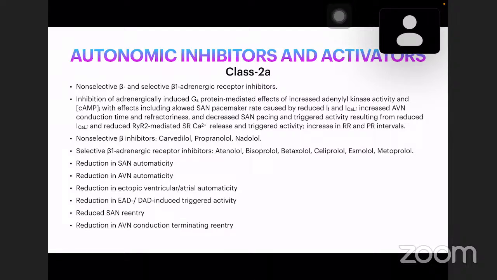blockers. They act via G protein coupled mechanism, and they increase the cyclic AMP, which also slows the SA node pacemaker activity and decreases the inflow of funny current, and decreases the late calcium inflow.